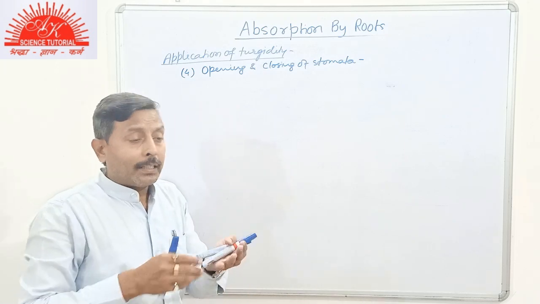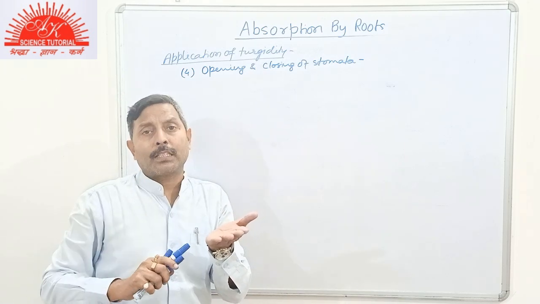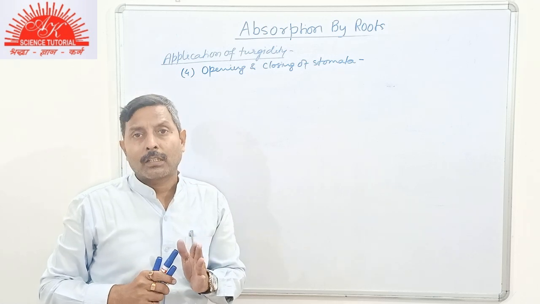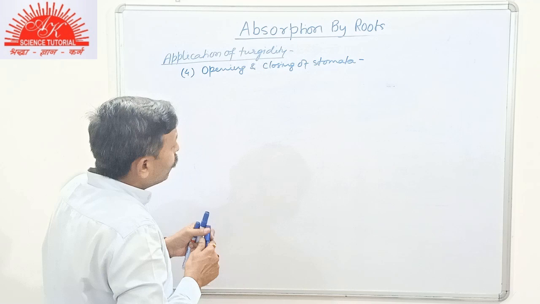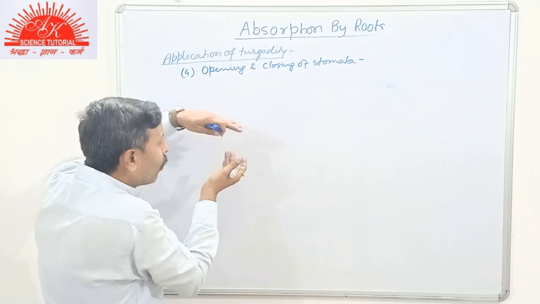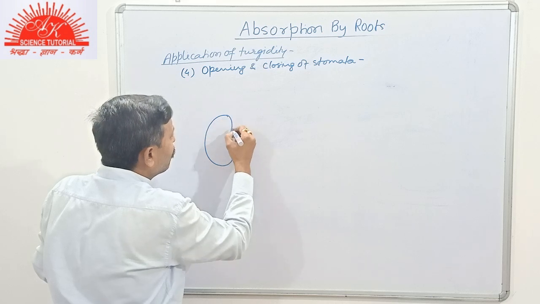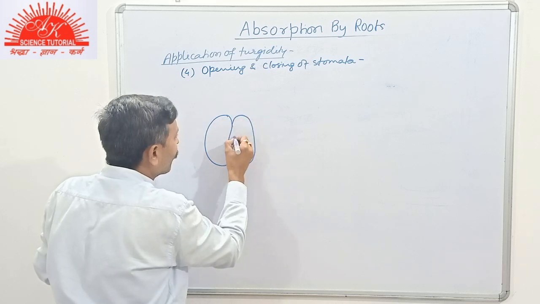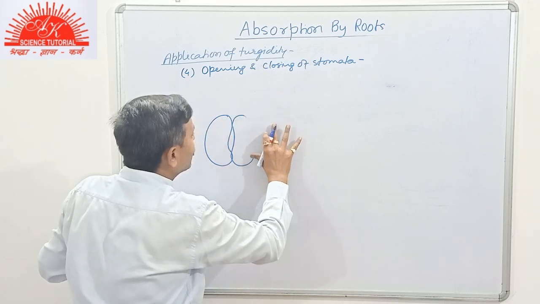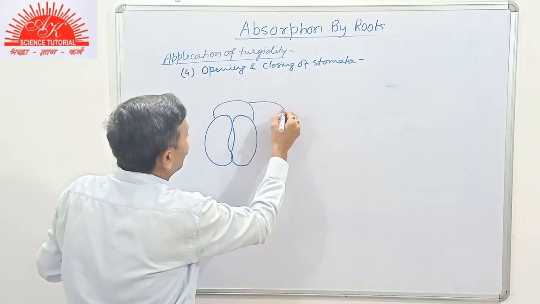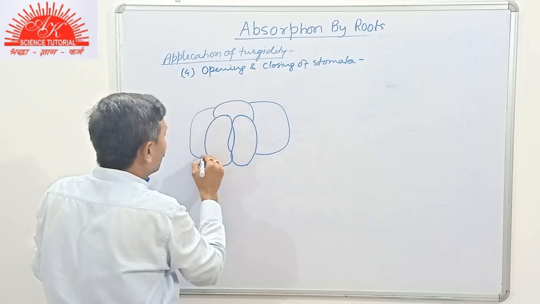Now we see that in the cells of the epidermis, only guard cells contain chloroplast. So now suppose we draw the diagram of the stomatal apparatus. In normal condition, it has bean shaped guard cells surrounded by the other epidermal cells.